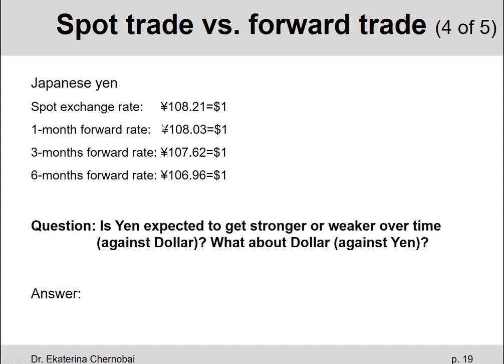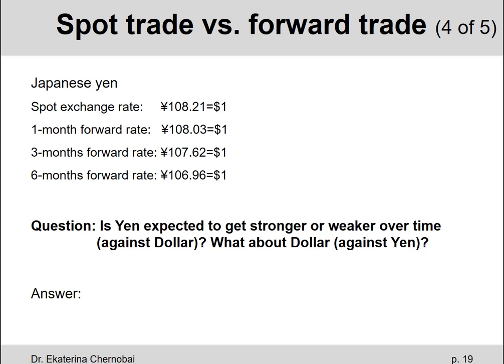The answer is, so look at the numbers. Spot, 1 month, 3 months, 6 months. We have fewer and fewer yen per dollar. So the dollar is expected to be able to buy you fewer and fewer yen. Is it good for people who hold dollars?